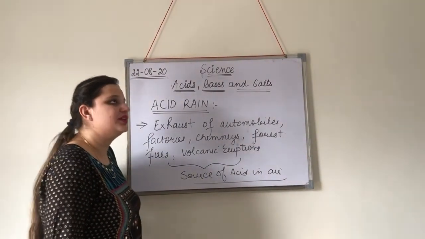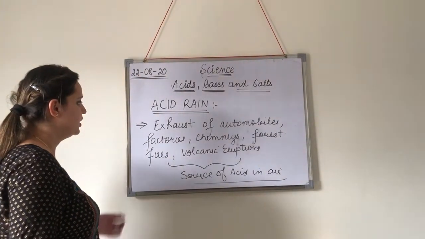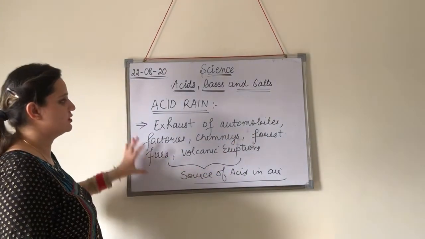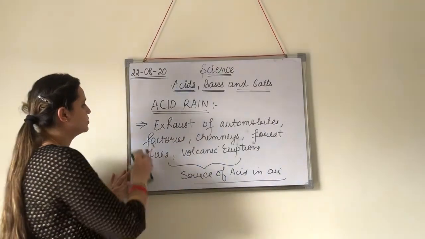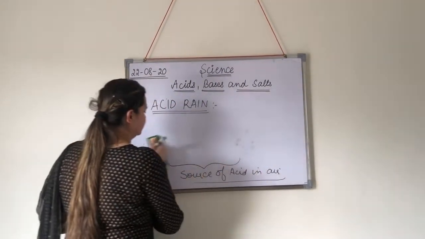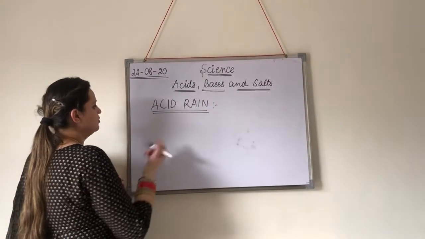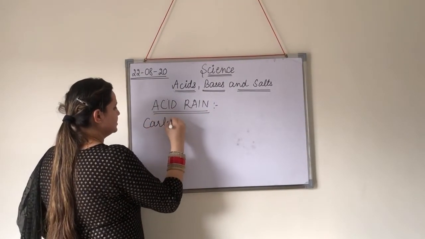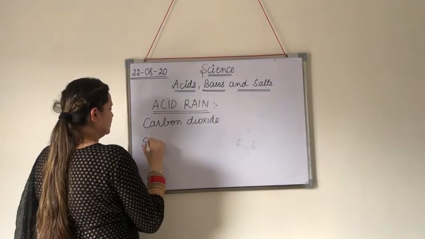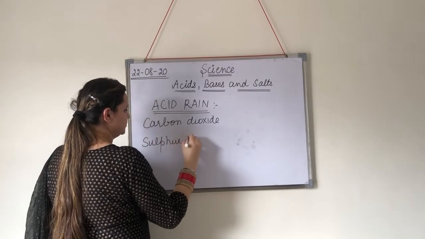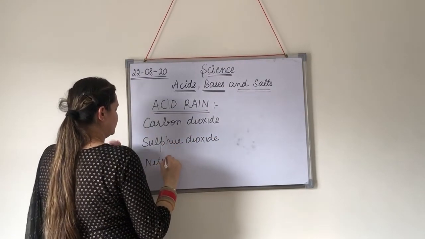So now what is happening when this acid is mixing with water? Okay, so when the acid from all these sources is mixing with the rainwater, what is going to happen now? Mostly the gases that are released from these sources are carbon dioxide, sulfur dioxide and nitrogen dioxide.